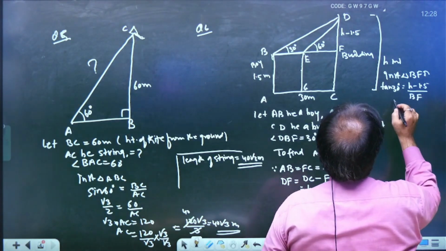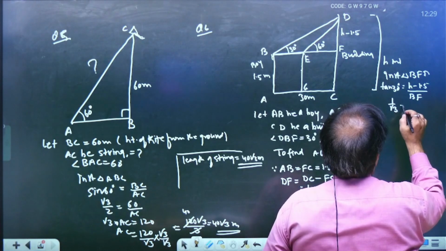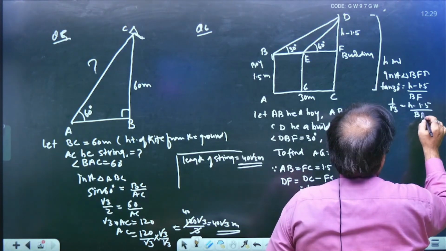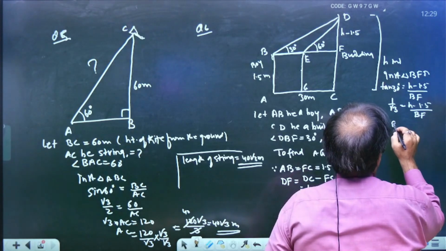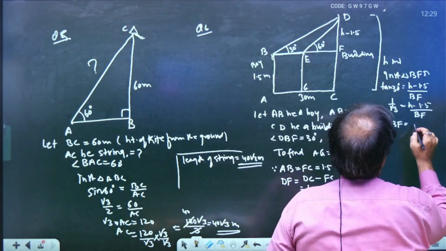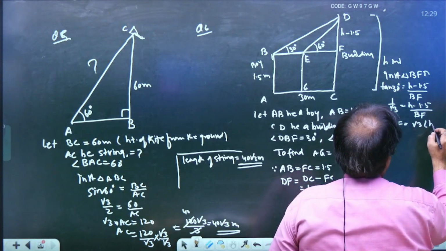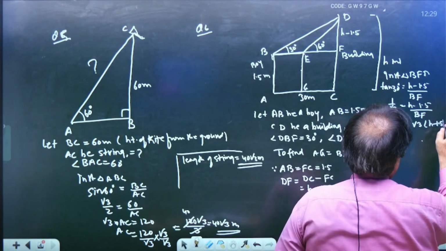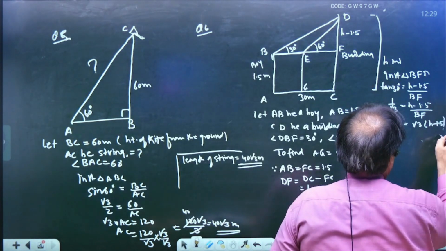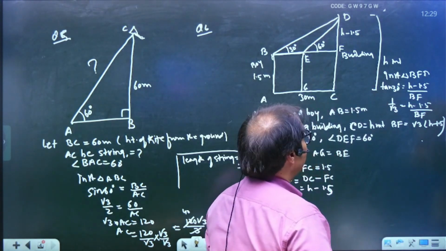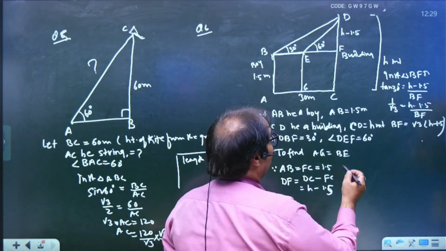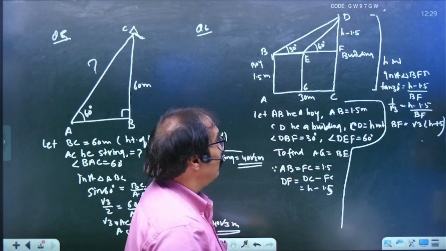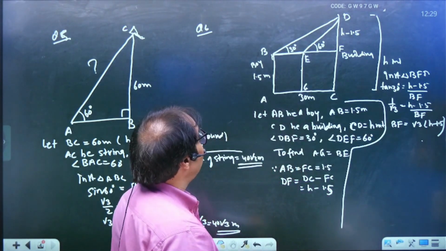Tangent 30 is 1 by root 3, so 1 by root 3 equals H minus 1.5 upon BF. By cross multiplication, BF is equal to root 3 into H minus 1.5. We got the value of BF.